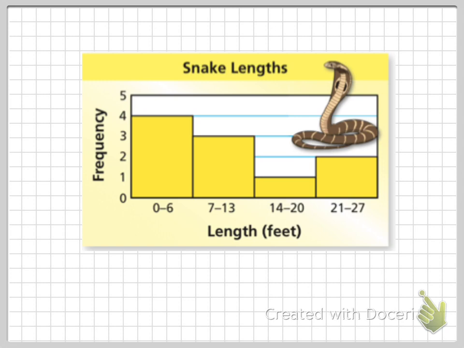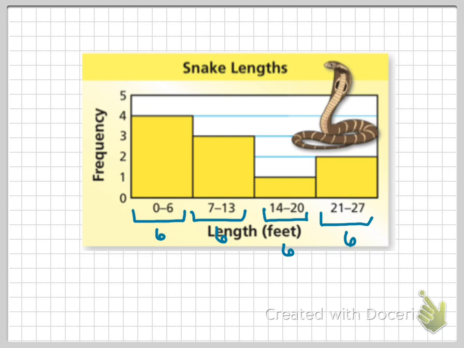Very good. So that's another important feature: there are 6 numbers in each bar. And in order for a histogram to be correct, it has to go by the same number. So you can't be like 0 to 6, 7 to 27. It has to be by the same exact interval for each bar.